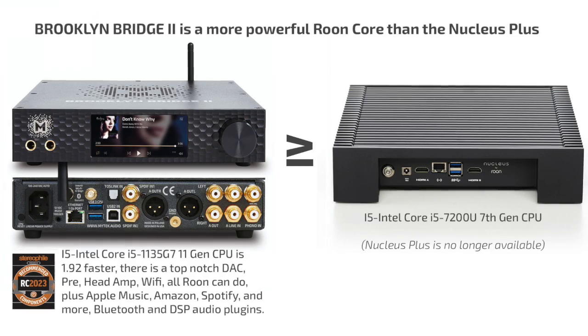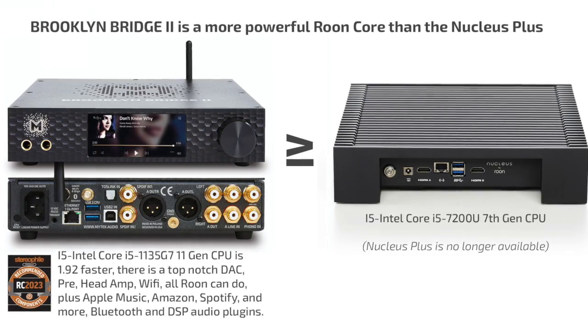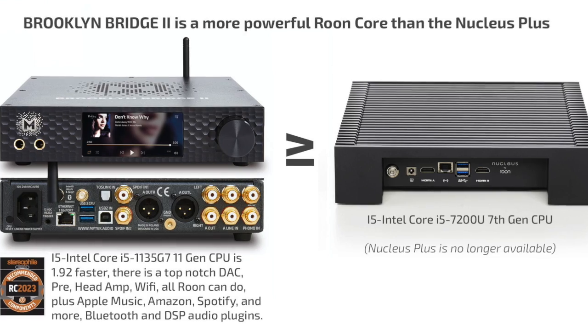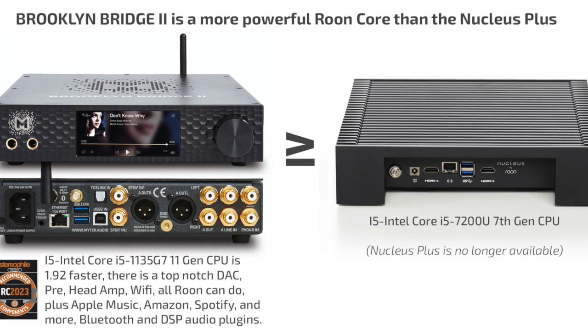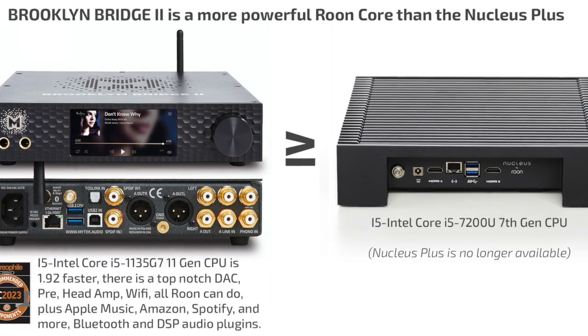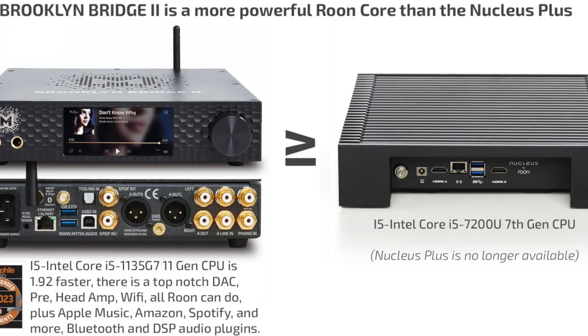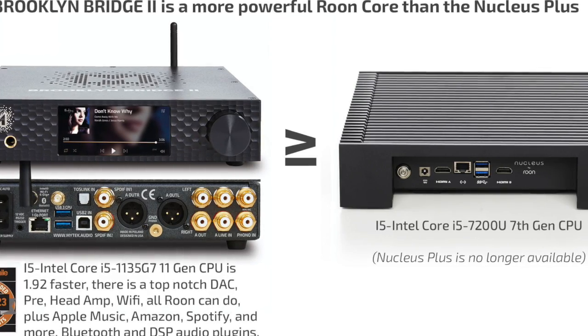Brooklyn Bridge 2 has been designed as primarily a Roon powered product, so because of that it has this powerful built-in Intel i5 Roon computer, Roon core inside the machine, and that provides it with ample CPU power that actually can be used for other things as well.